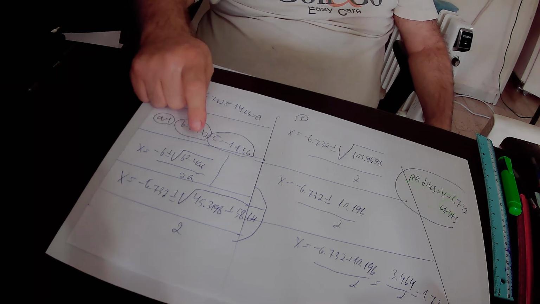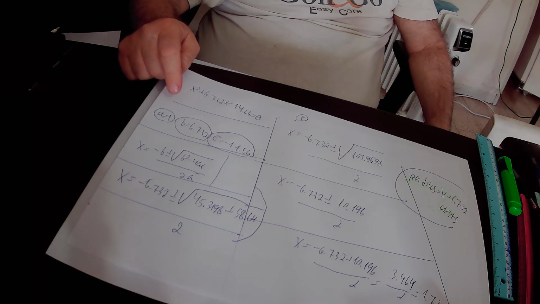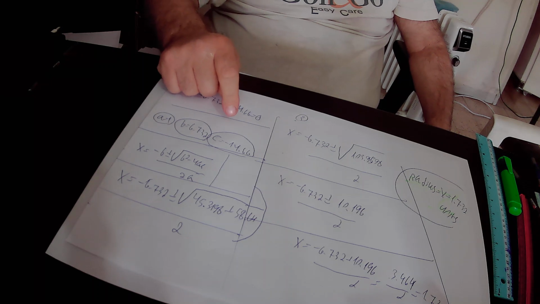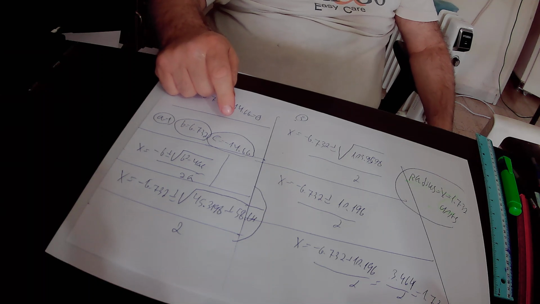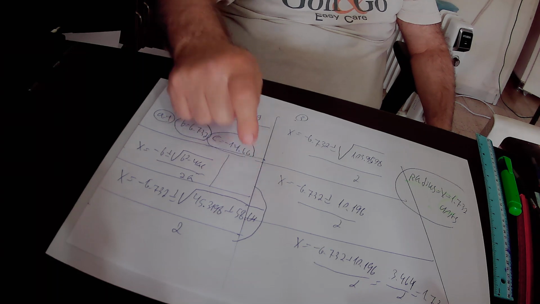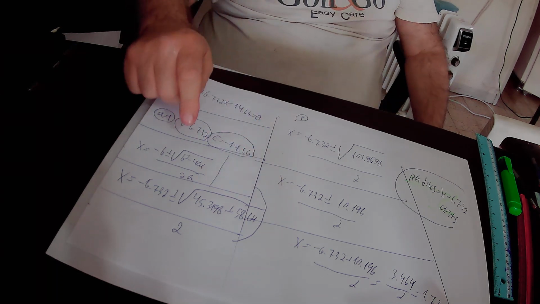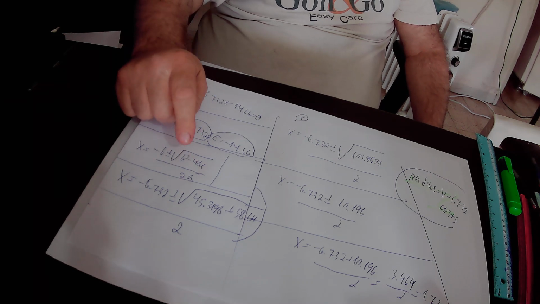Minus 4 times a times c, so minus 4 times 1 times minus 14.66, which equals plus 58.64. Divided by 2a. A is 1, so 2 times a is 2 times 1, that is 2.